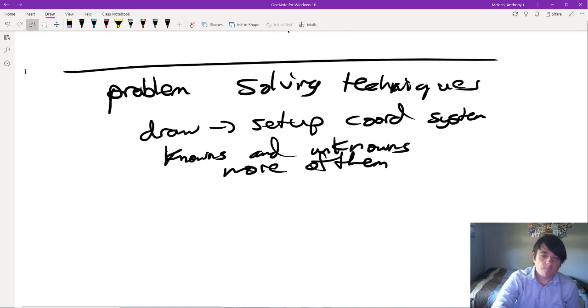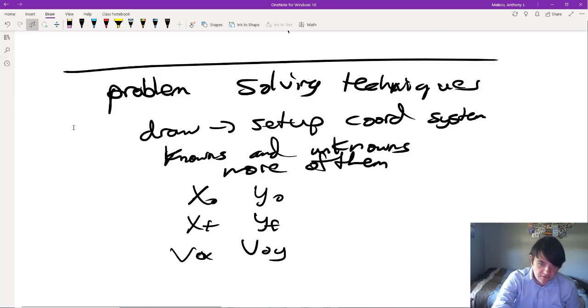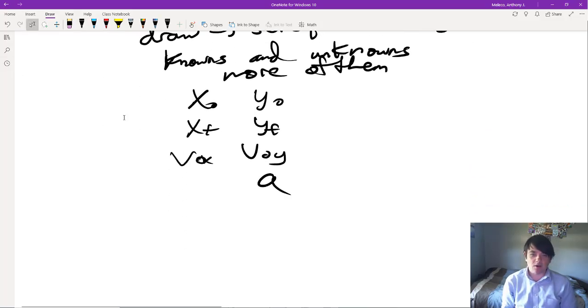Because we're in 2D now, you're going to be dealing with not just x initial, not just x final. You'll have y initial, y final. You'll have v naught x. You'll have v naught y. You'll have acceleration in the y, which is usually g, plus or minus. You'll have time, okay?